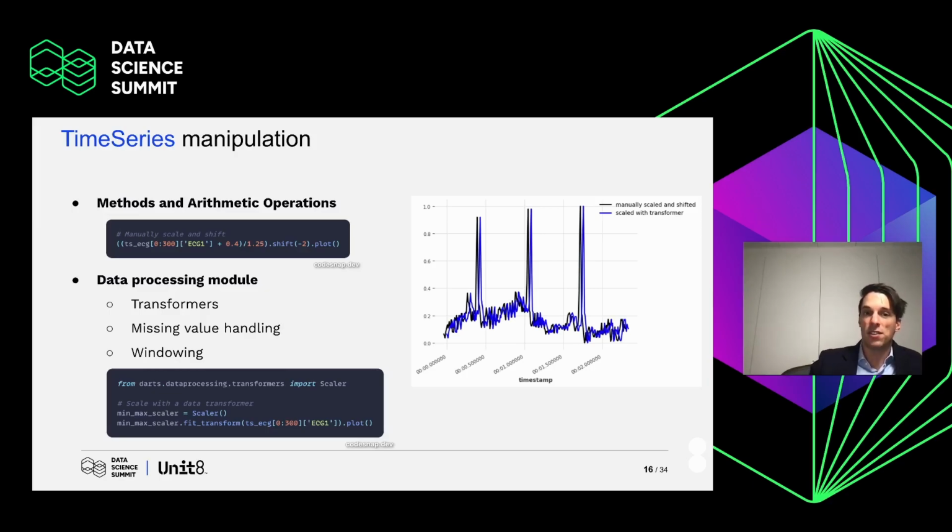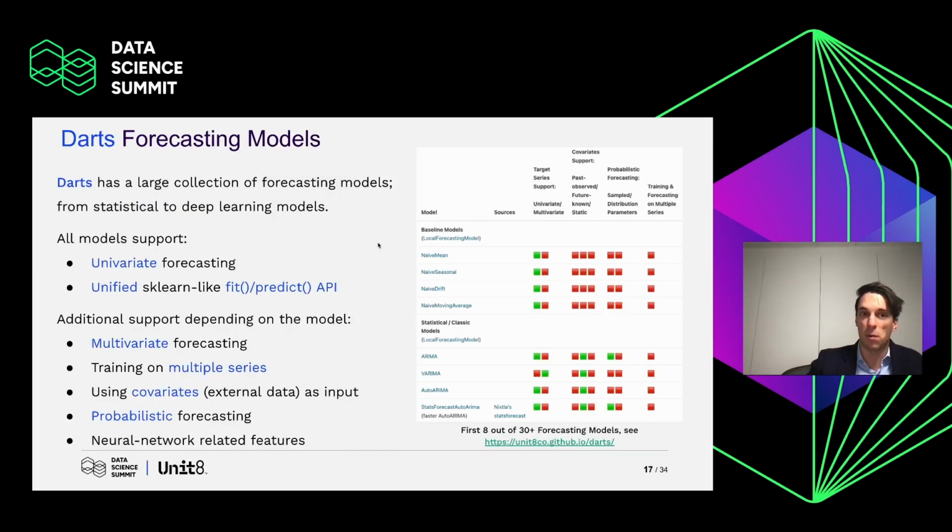This is a comparison: the manual shift and scaling I did, we could also achieve just using a scaler. For visualization reasons I shifted it by 2 data points, but otherwise it's the same signal. As part of the forecasting models, DARTS has a huge collection, and all models support univariate forecasting, all sharing the same fit predict API, similarly to scikit-learn.